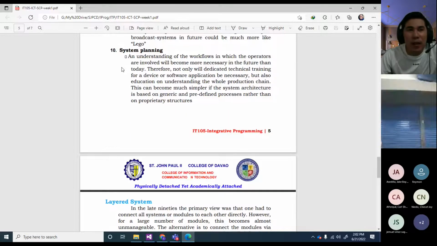As we all know, it's very important for us to plan our software well, not only the software part, but of course the factors that may affect us when we deploy the system.